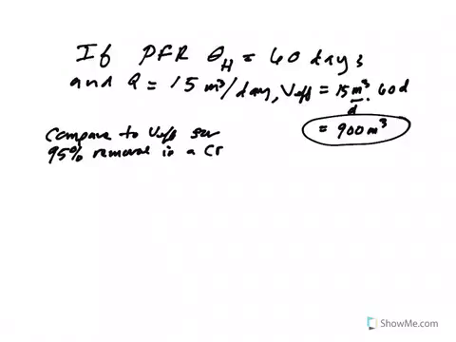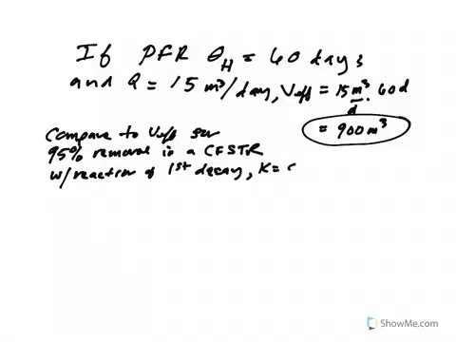Say this continuous flow stirred tank reactor has a reaction of first order decay with K is equal to 0.05 per day. It's all the same. Same Q, which is equal to 15 cubic meters per day.